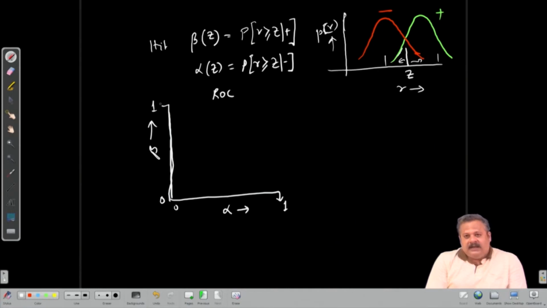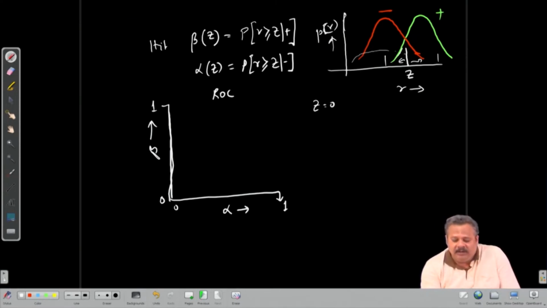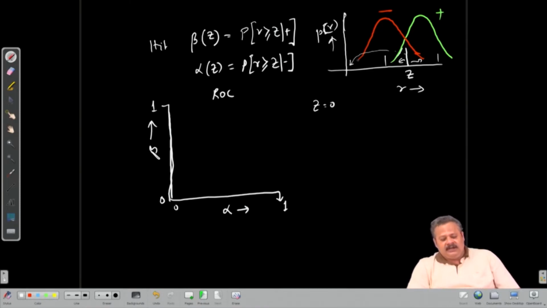Now, let us say we set z equals 0. That is a very small value, to the extreme left, and let us ask ourselves, for z equals 0, how are our alpha and beta, which define performance, going to be.